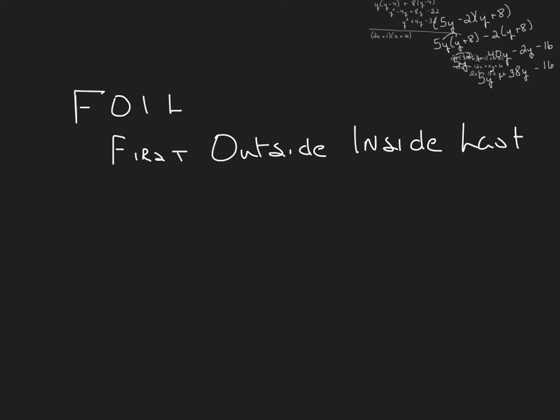So if we look at z minus 6 times z minus 12. First means we're going to multiply these first terms together. Z times z is z squared.